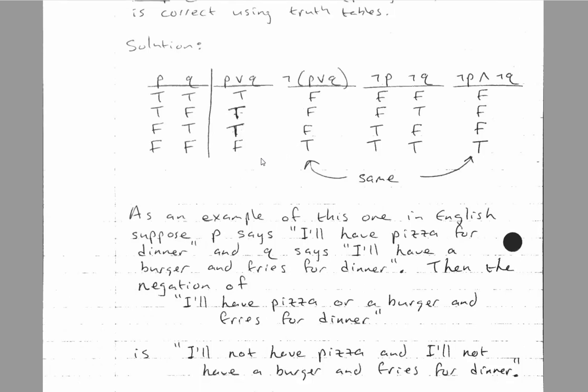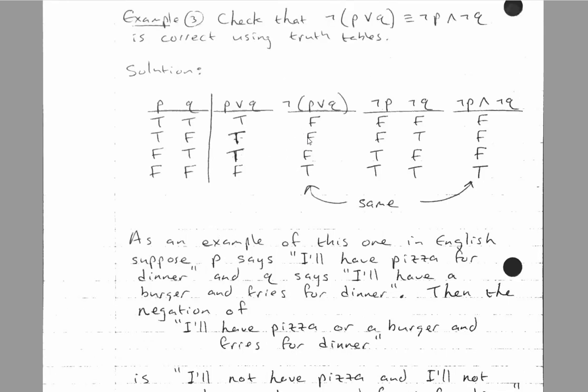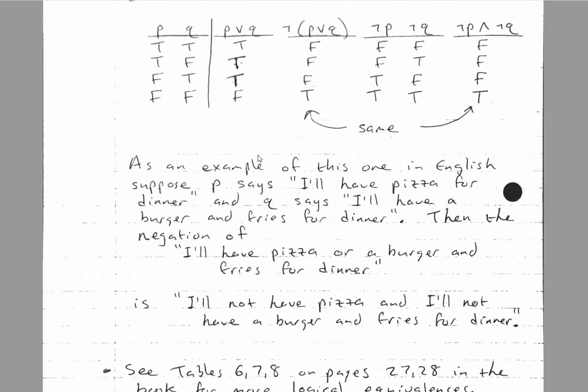Alright, so what's an example of that in English? Suppose P says, I'll have pizza for dinner. Q says, I'll have a burger and fries for dinner. And so if you look at this statement, P or Q says, I'll have pizza or a burger and fries for dinner. So what's the negation of this whole thing?